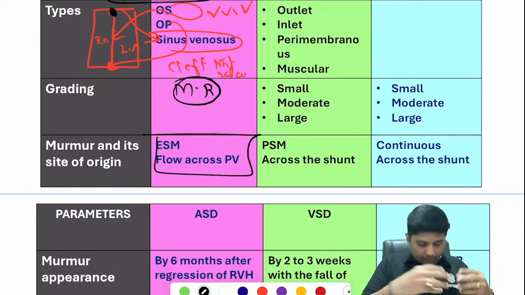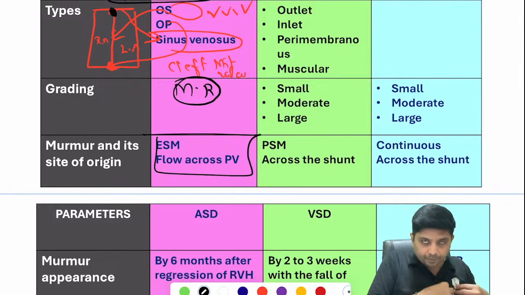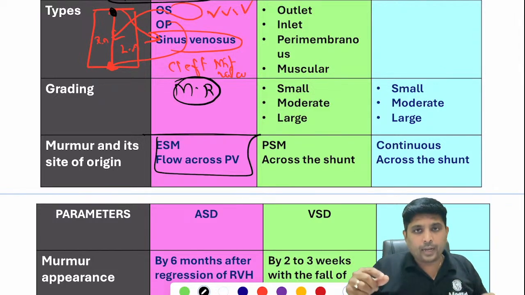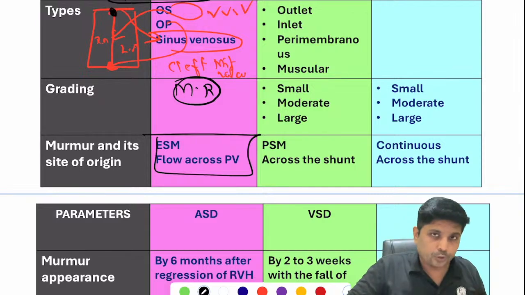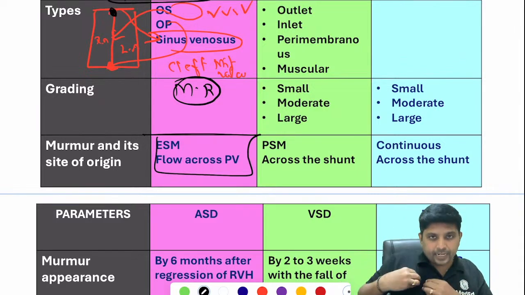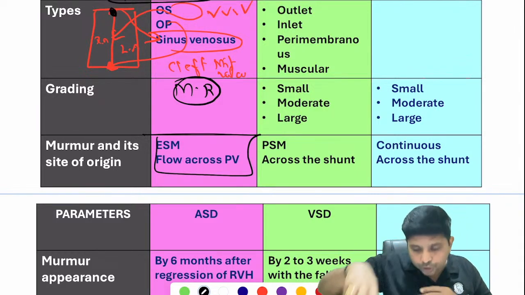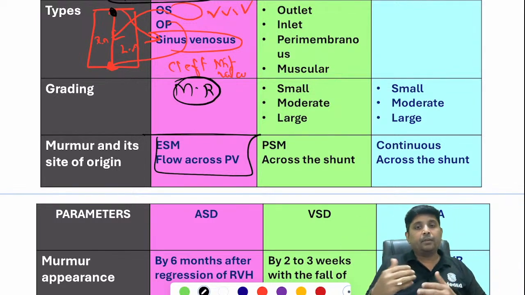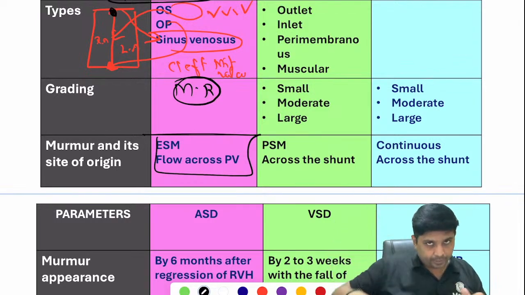Whereas the amount of blood that comes across from the left atrium to the right atrium goes to the right ventricle. So what will happen during diastole? The blood from the right atrium goes into the right ventricle. Also, the blood that comes from the left atrium is also loading the right ventricle.